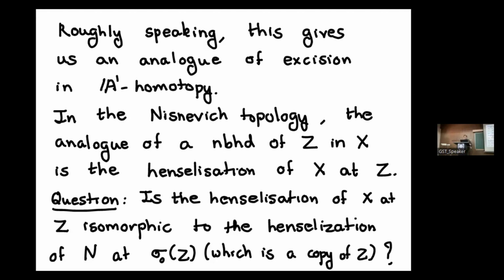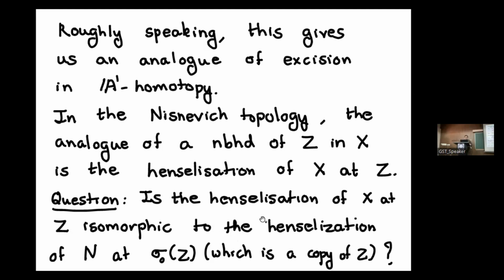It's like a very small neighborhood. It's not as fine a neighborhood as taking the completion of a ring at some ideal. It's a little bigger than that, but it's also finer than, for example, taking the localization of a ring at some prime ideal. So it sits somewhere in the middle.